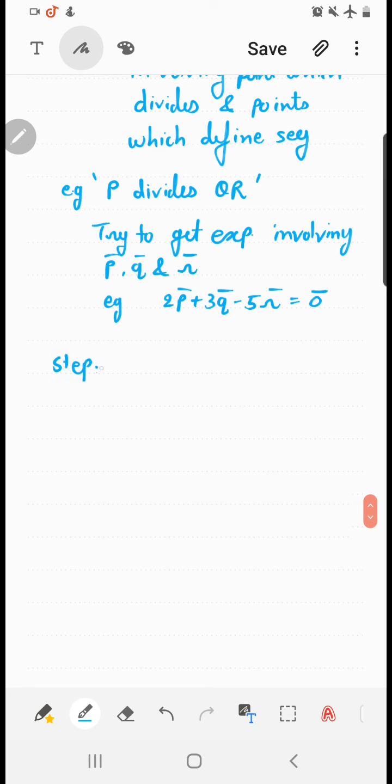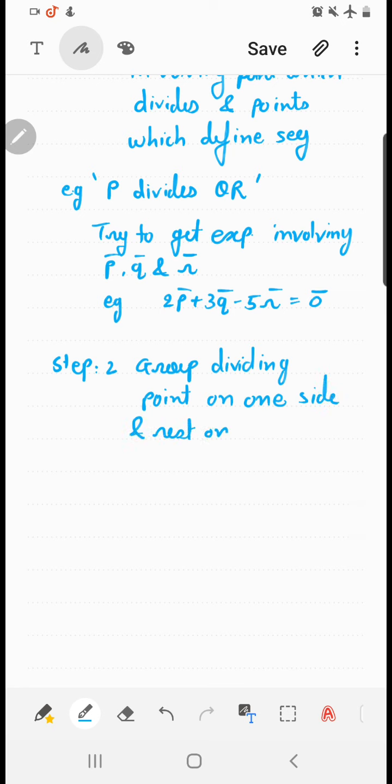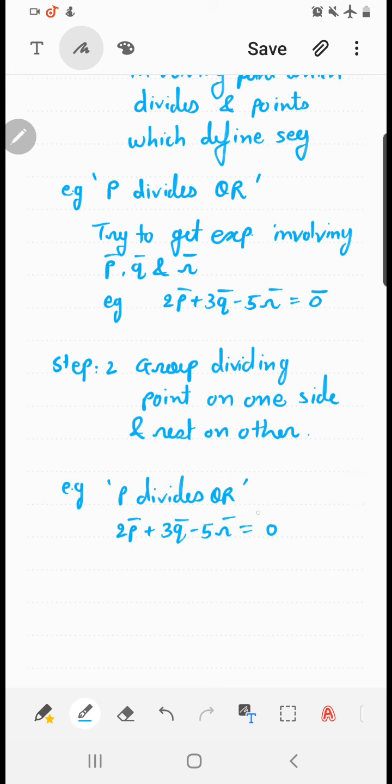Now in step number 2, what we do is group the dividing point on one side and the rest on the other. If I take the same example where I said P divides QR, in step number 1 we have got an expression. So let's say the expression is 3Q bar plus 5R bar equal to 0 bar. Now here who divides? P divides.